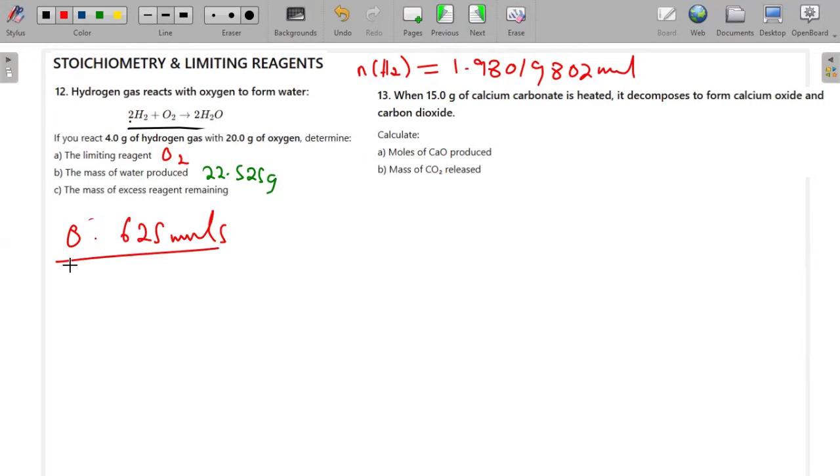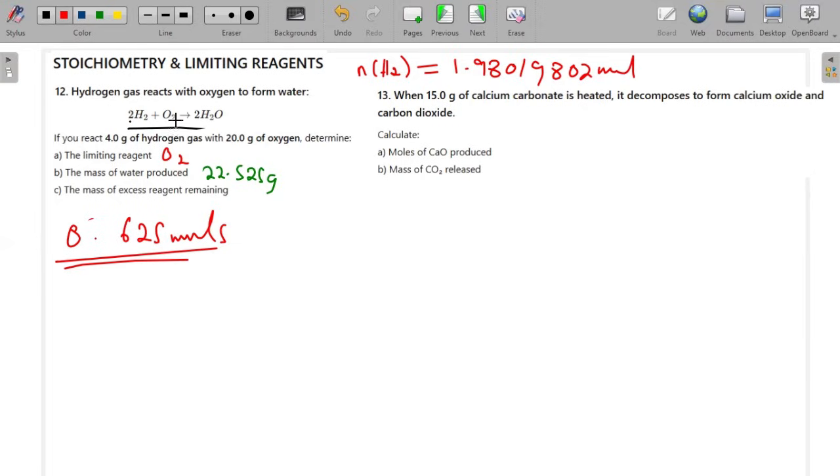Okay, so to find the excess reagent remaining, they mean the mass of the hydrogen that is remaining, because part of it is going to react with the oxygen. Okay, so first of all, I have to find how much of the hydrogen gas reacted with the oxygen. Okay, and then if I find that, I can simply subtract from the initial moles that I had.